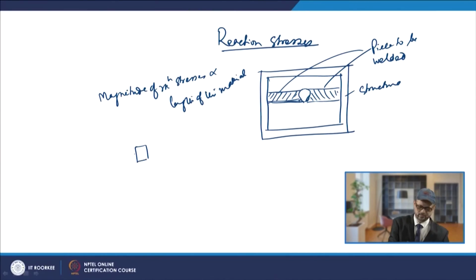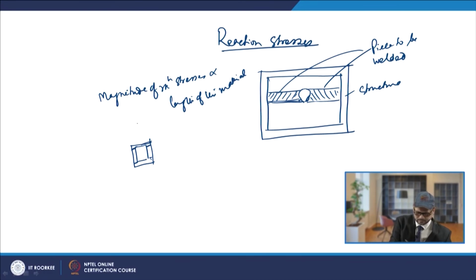You have the welding here, here, here, and here. In those cases you will have a different kind of residual stress distribution.